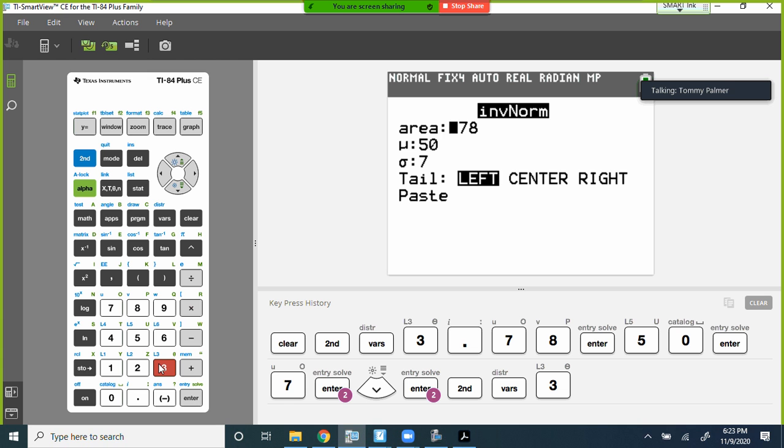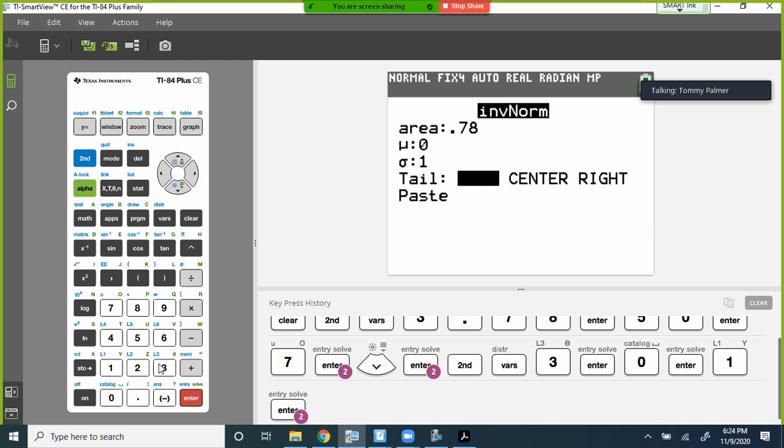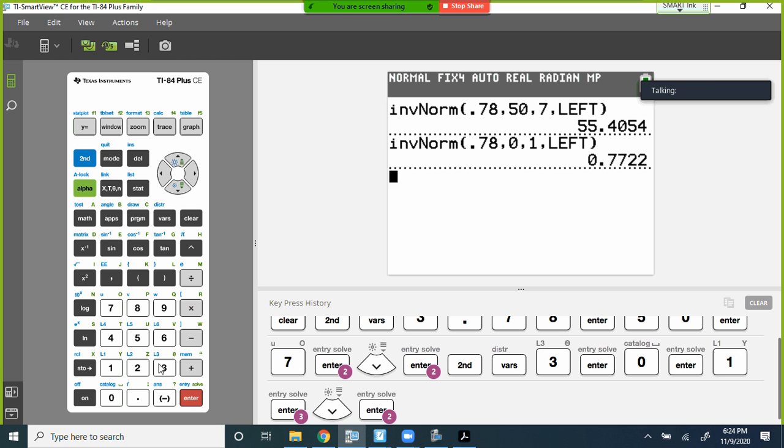Could I find a z-score from this? Yes. And if I wanted to find a z-score so that I could do the calculation by hand to verify what I did was correct, then this is what I would do. For a z-score, I'd use a mean of 0, standard deviation of 1, right? That gives 0.722, and we had 0.77 by the table.